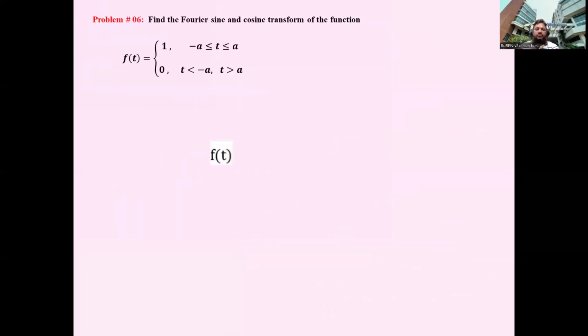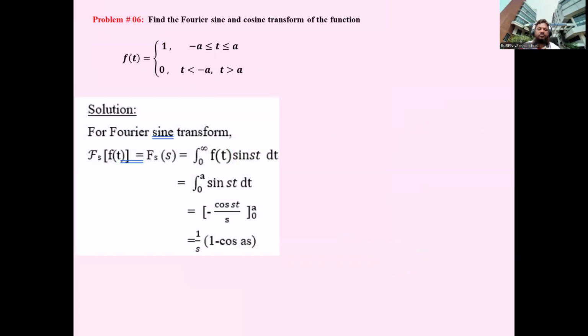Now, if you take the Fourier sine transform of this function, f of t equals 1 or 0. When 1, it is from minus a to positive a. And when 0, t tends to negative infinity to negative a, and a to positive infinity, right?